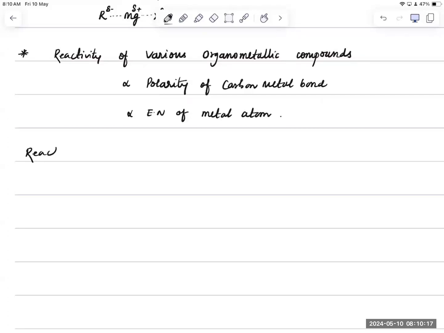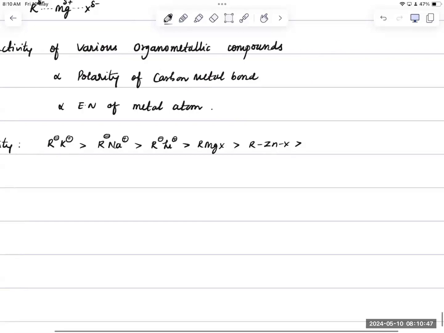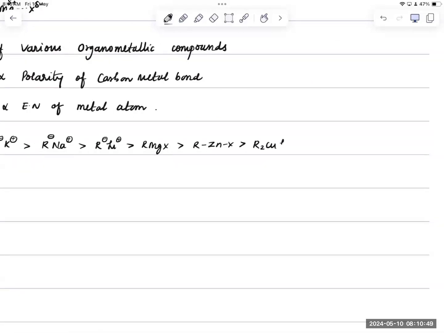If you notice the reactivity order, R minus K plus will be much stronger in reactivity compared to R minus Na plus, and then we have R minus Li plus, then RMgX, then RZnX, then R2CuLi, which is called Gilman's reagent, and R2Cd.